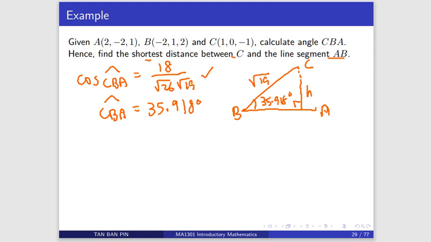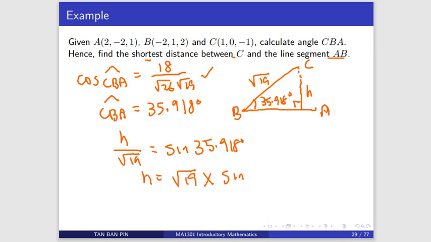So we can say h over square root 19 is sine of 35.918. So h will be square root of 19 times sine of 35.918, and this will give you 2.557.